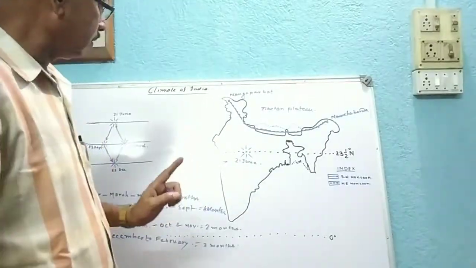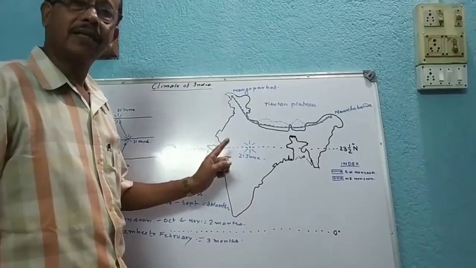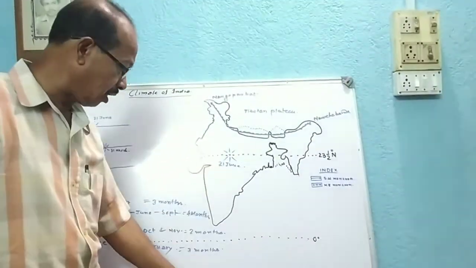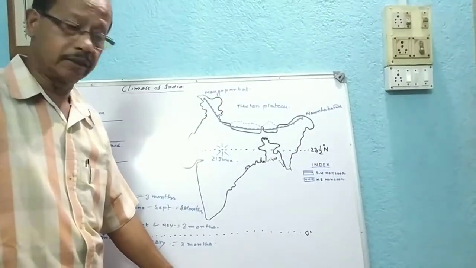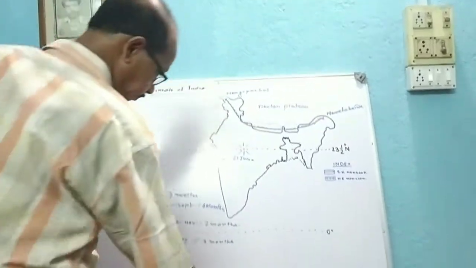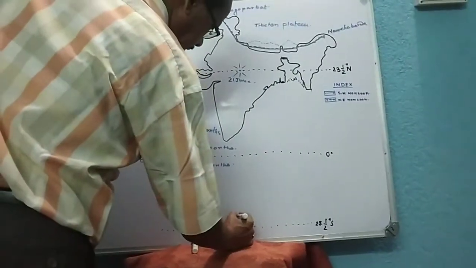As the sun is located at the northernmost point, in the southern hemisphere over the Indian Ocean there is a strong high pressure.